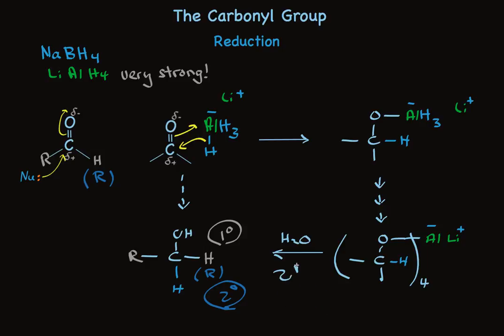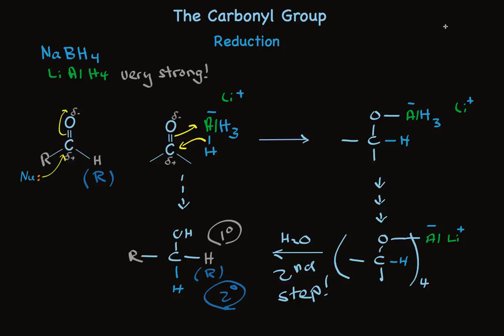This must be done in a second separate step because, as I mentioned, lithium aluminum hydride reacts violently with water. Whereas using sodium borohydride, we'll typically use methanol as a solvent, and the hydrolysis in the last step occurs as the reaction proceeds.